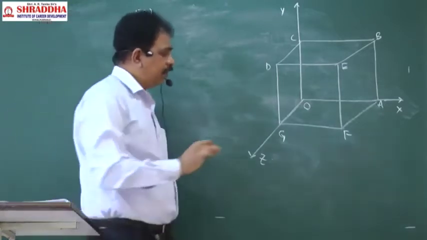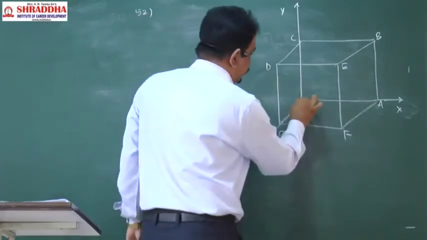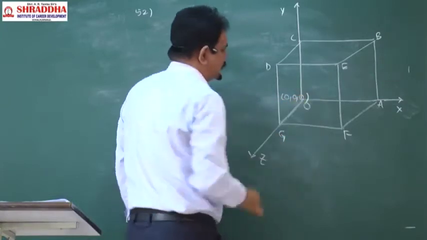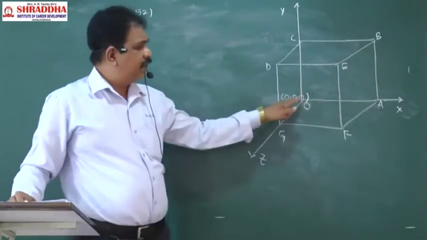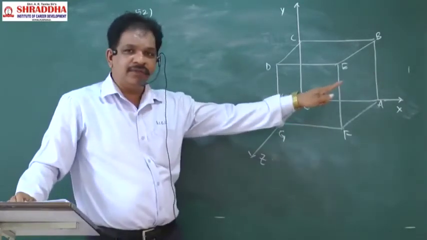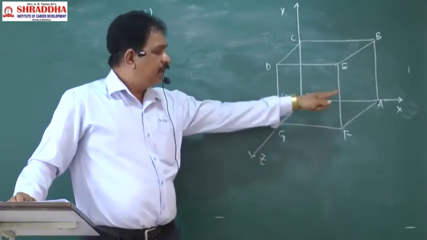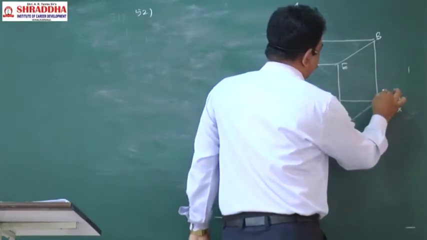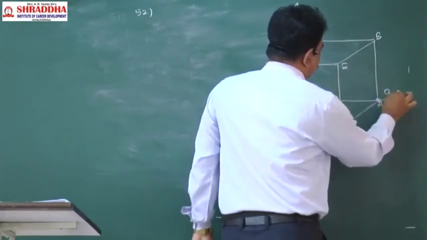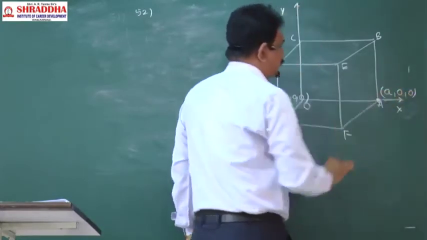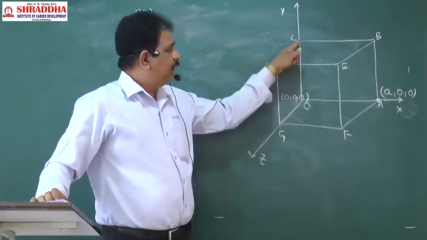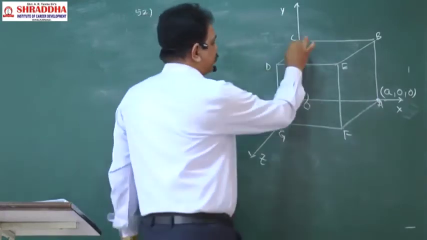Okay? Here points we will write. This is 0, 0, 0. This is the origin, that will be 0, 0, 0. What are this point's coordinates? A, 0, 0. Point is on the x-axis. This point is on the y-axis.